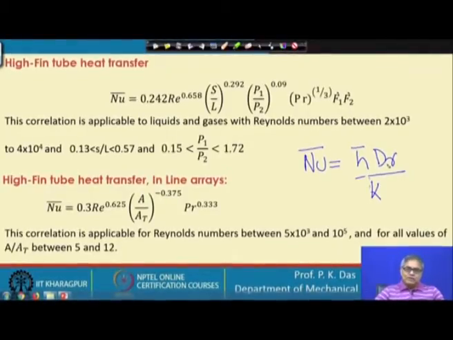With the previous lecture and this lecture, we have some idea of how to calculate the fin side area and how to calculate the fin side heat transfer coefficient. Obviously, the heat transfer coefficient will come from some correlation, but that correlation will require certain parameters which we have to estimate from the geometry.